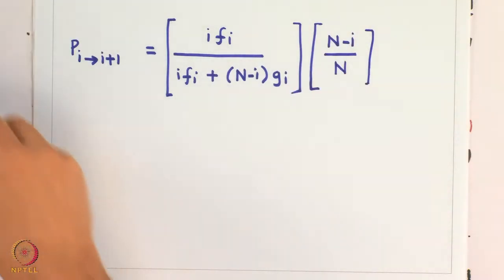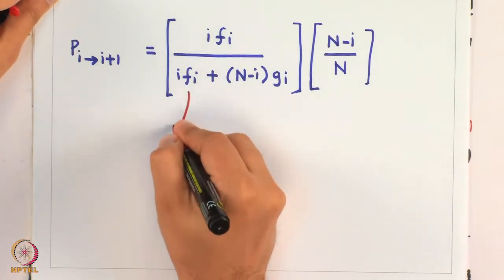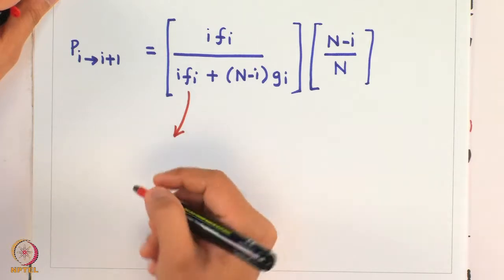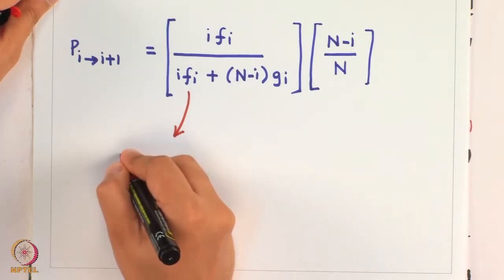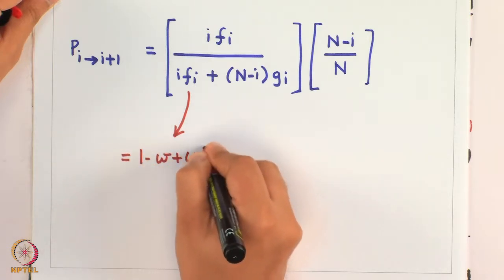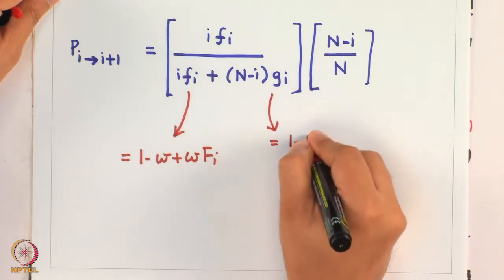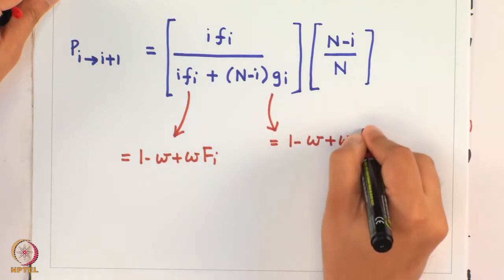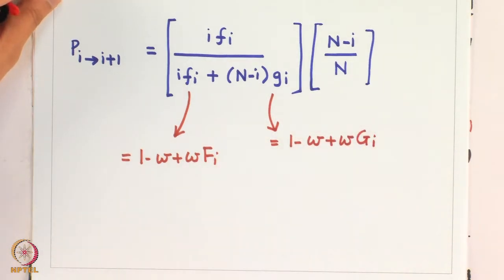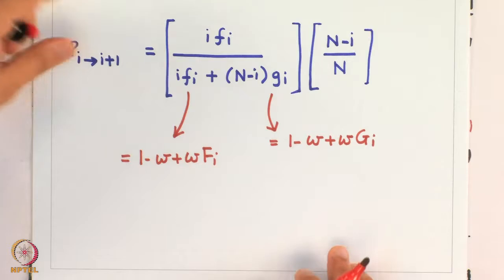The F and G variables do not come directly from the payoff matrix elements, but are a function of the payoff: F_i equals 1 minus omega plus omega f_i, and G_i similarly equals 1 minus omega plus omega g_i. The value of omega dictates how strongly or weakly the payoff is linked with the fitness of these variables.